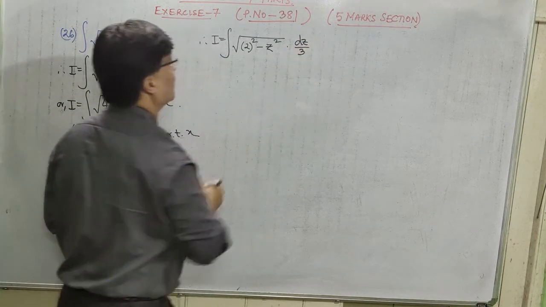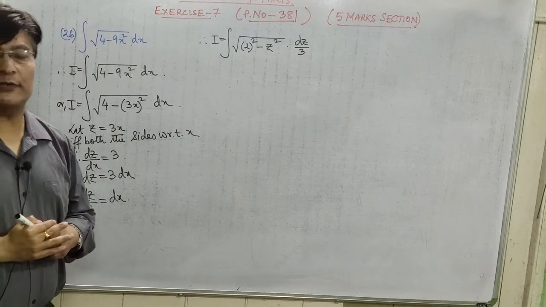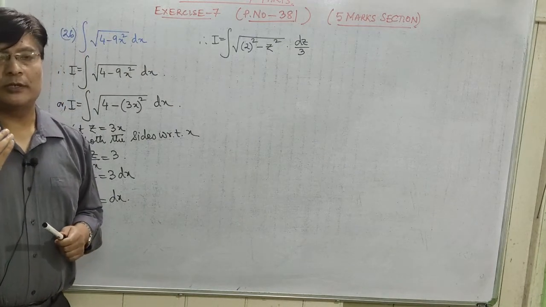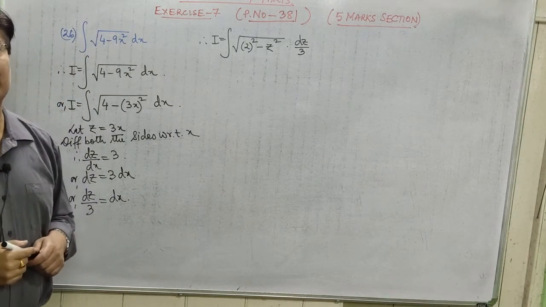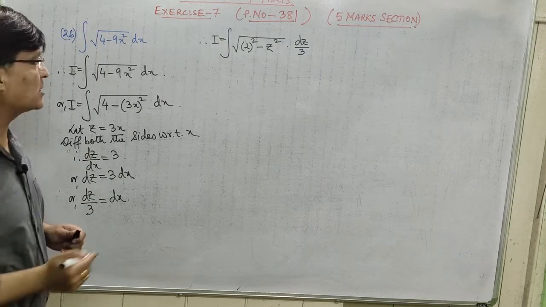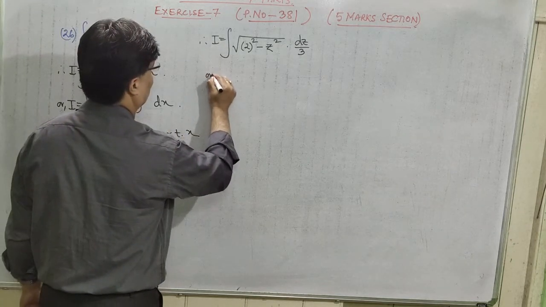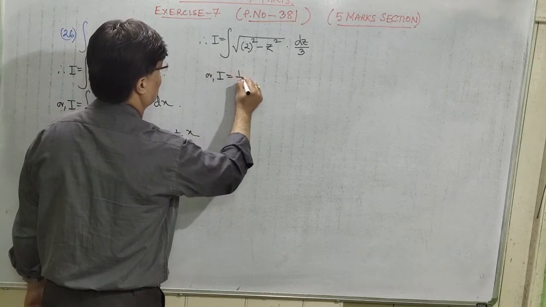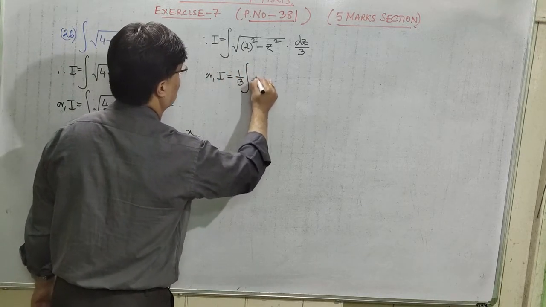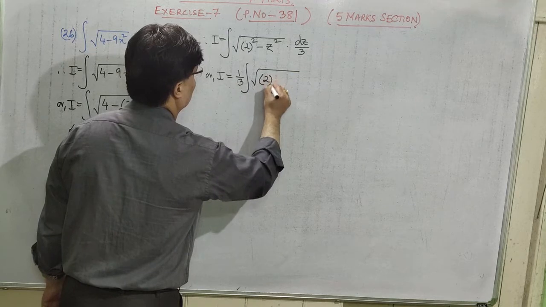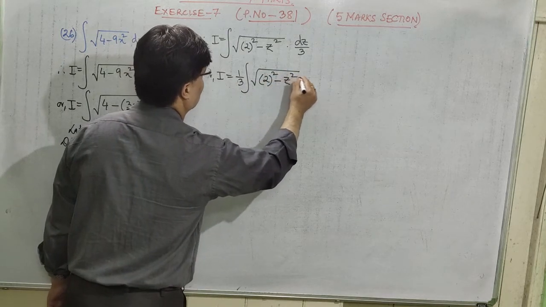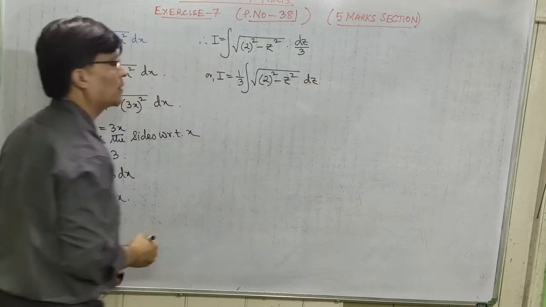It is dz upon 3. So I think you have understood it. Okay. So which is constant in this case? 1 upon 3 is constant in this case. You can take it outside. Okay. So or I is equal to 1 upon 3 integration of within square root. This is 2 whole square minus z square then dz.